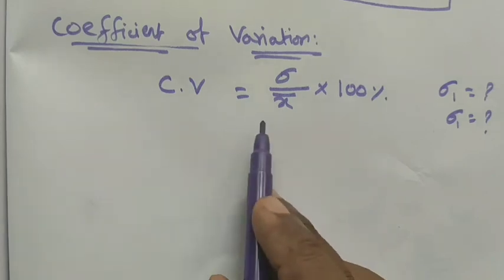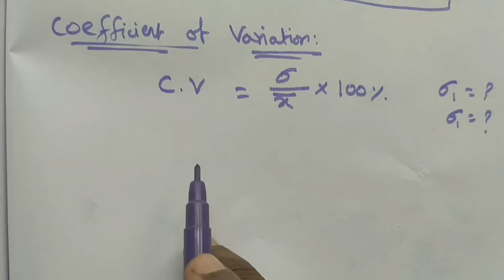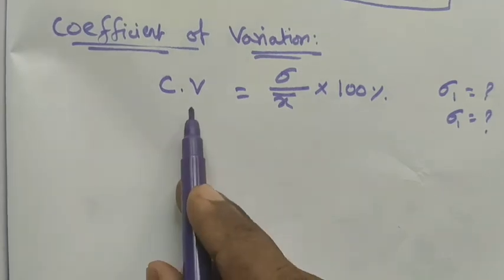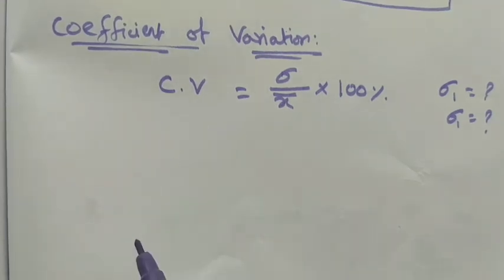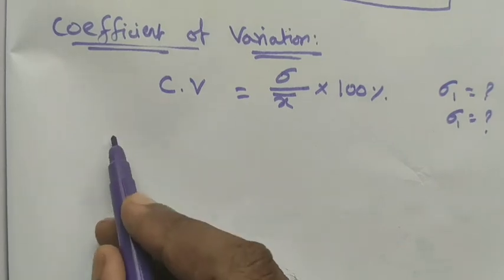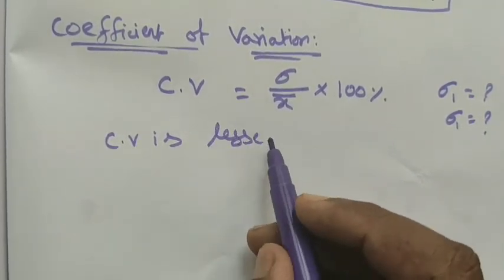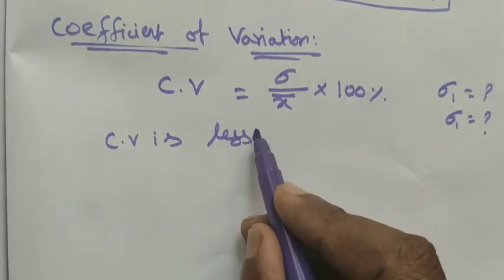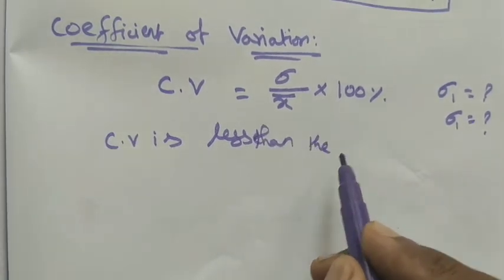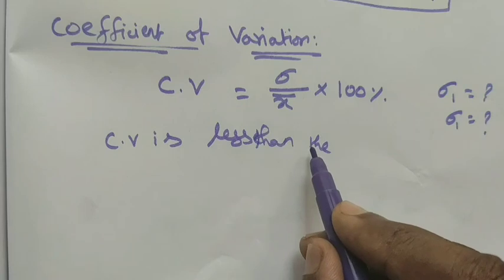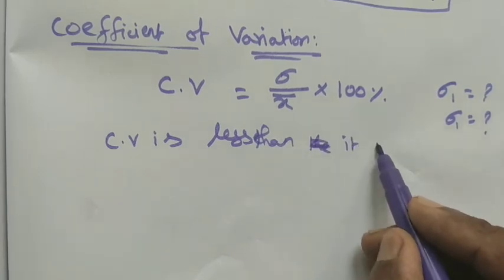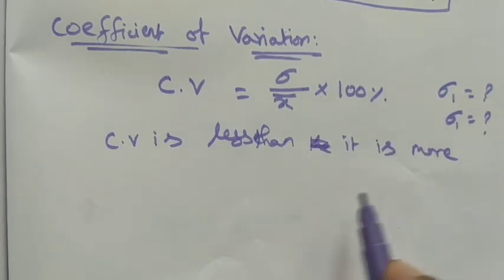So here it is very easy to find out which is more stable. When the coefficient of variation is less, then it is more stable or more consistent.